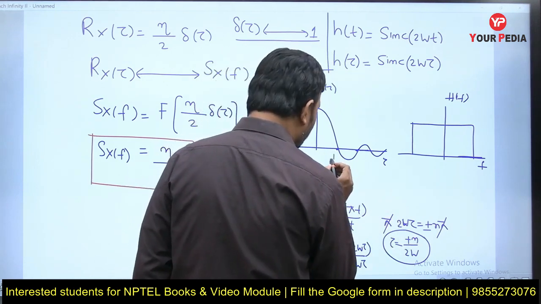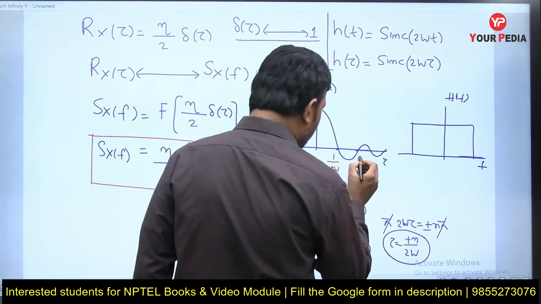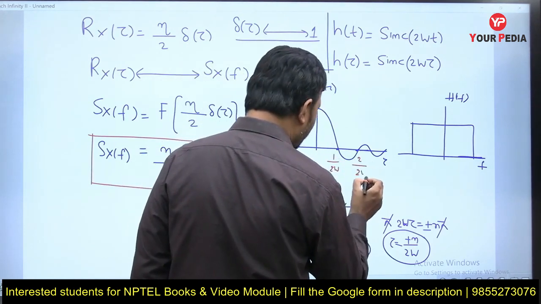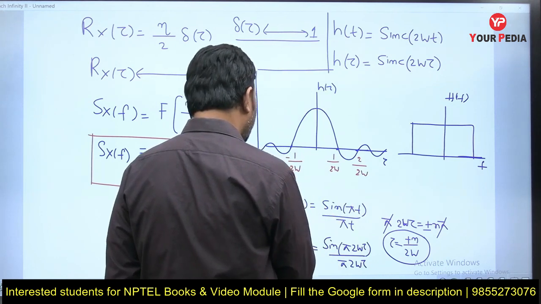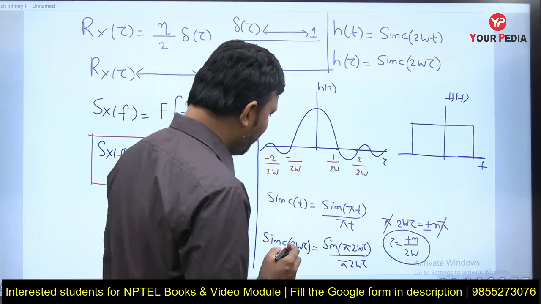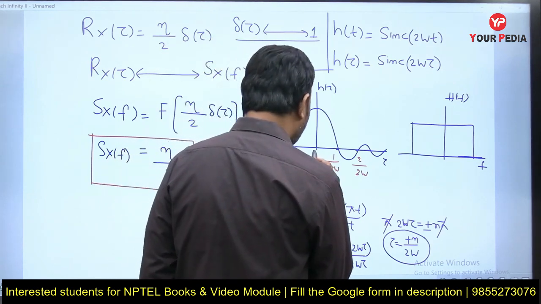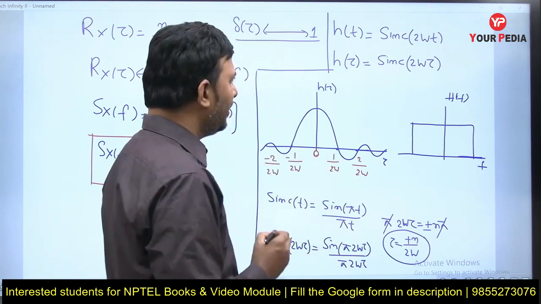This will be 1 by 2w, with n equal to 1. This is 2 by 2w, minus 1 by 2w, minus 2 by 2w, like this.